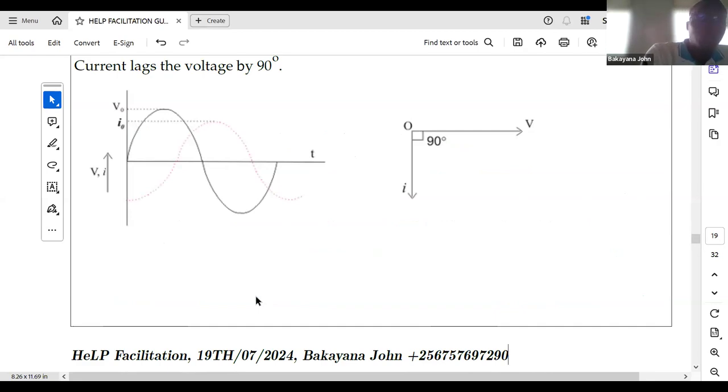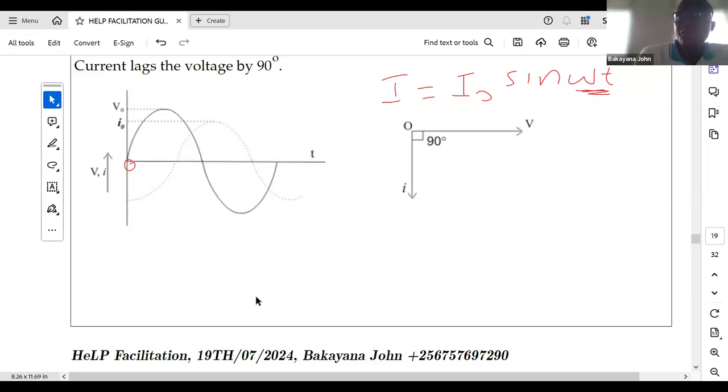For example, what we mean here is that if this is 0, our sine I was I naught sine, we are plotting against time.